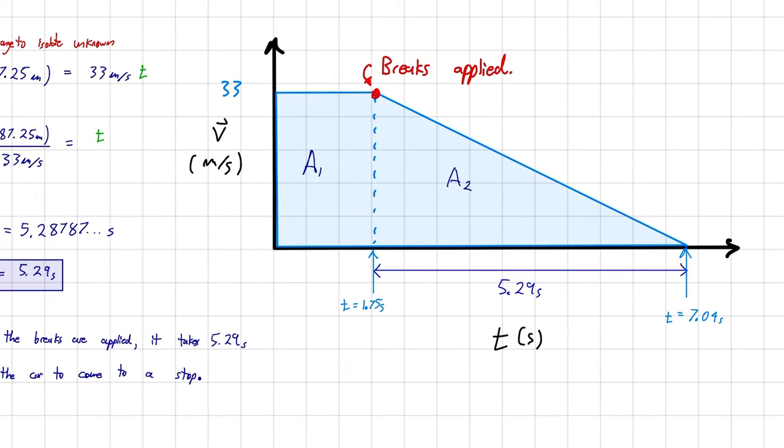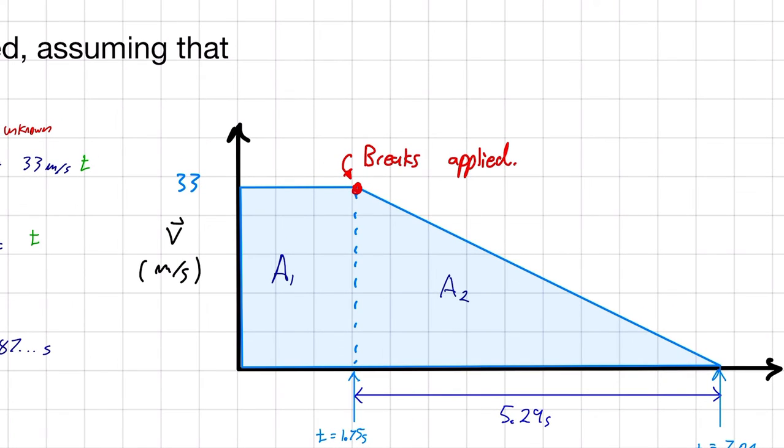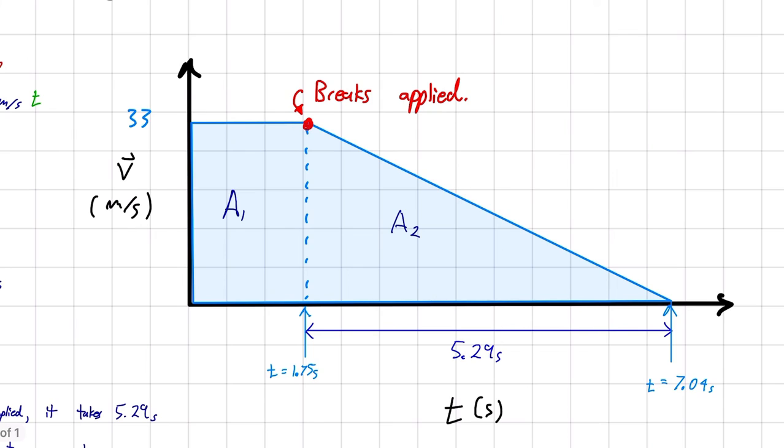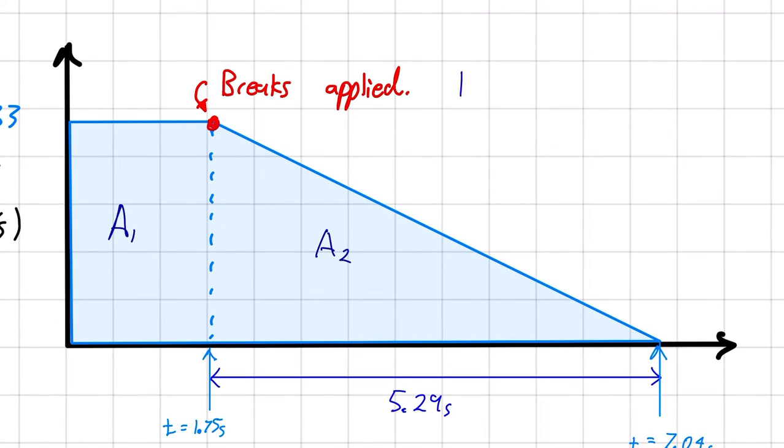And one more exercise that I just want to run through here is we know the value of the area under the curve of a velocity time graph is the distance traveled, right? So we want to double check that and know that the area of A1 and the area of A2.